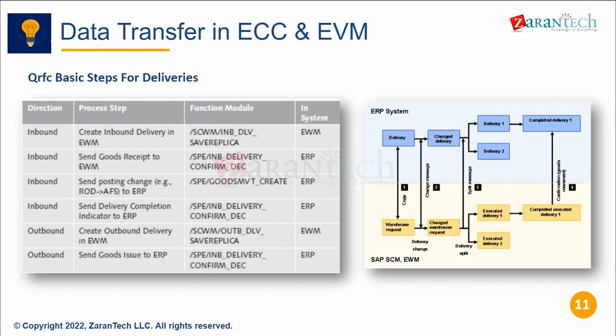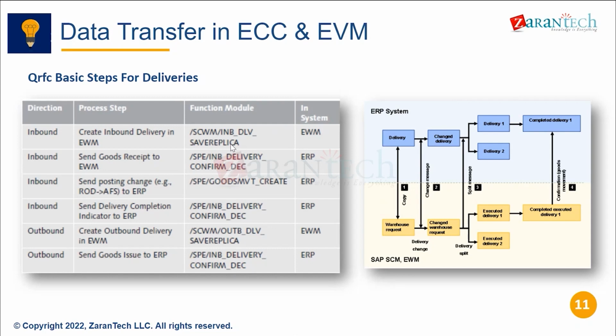Now you can see here these are the inbound deliveries and function modules which SAP has provided. For inbound delivery creation, this is the function module INB DLV save replica. Inside this function module SAP has provided custom badis, but this is the main function module used to create the inbound delivery in EWM.